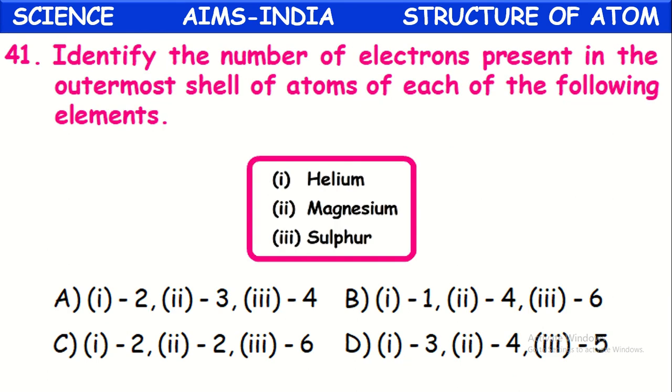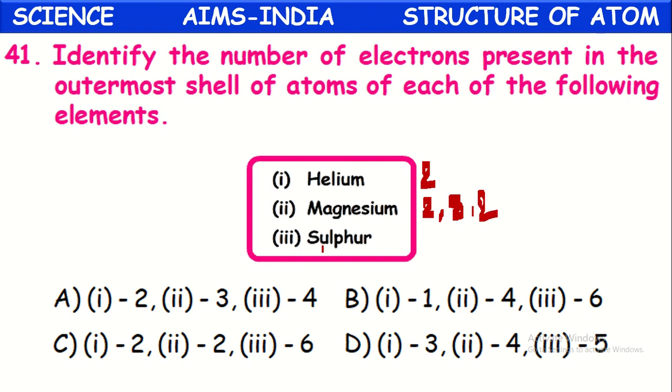Next. Identify the number of electrons present in the outermost shell of the atoms of each of the following elements. See, helium atomic number is 2, so its configuration is 2. Magnesium atomic number 12, and its configuration is 2, 8, 2.